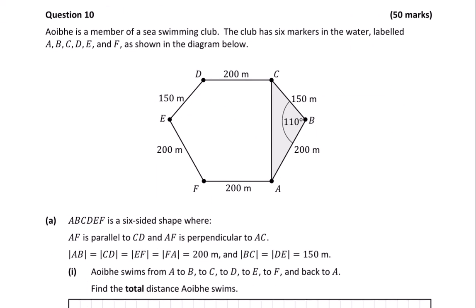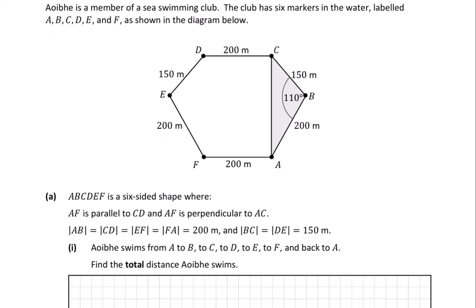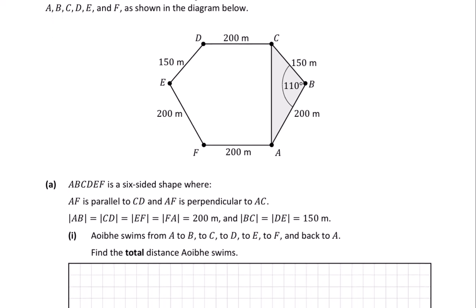Question 10. Eva is a member of a sea swimming club. The club has 6 markers in the water labeled A, B, C, D, E, and F as shown in the diagram below. ABCDEF is a 6-sided shape where AF is parallel to CD, and AF is perpendicular to AC.